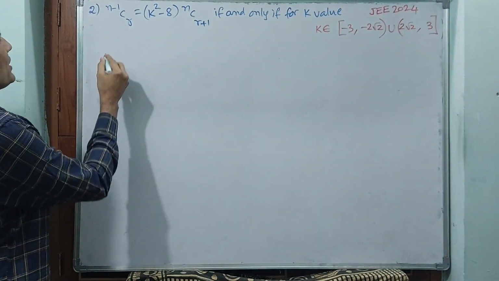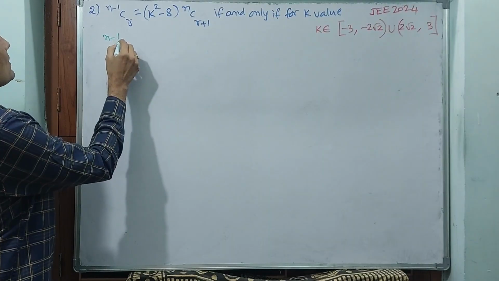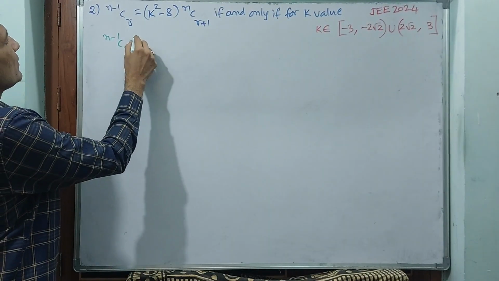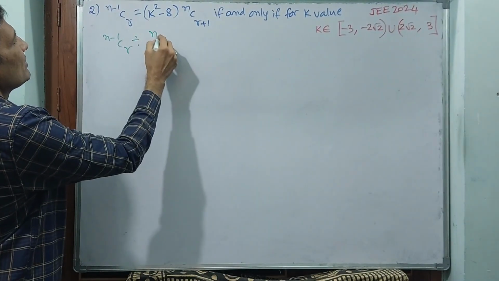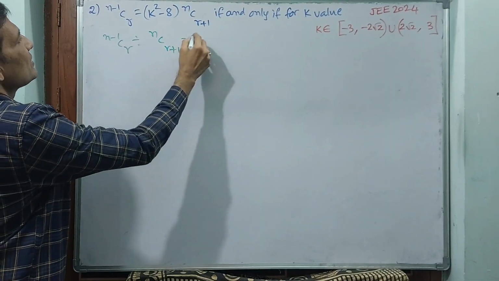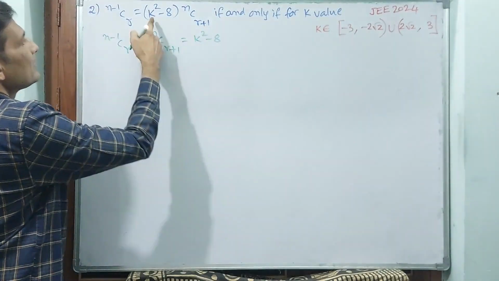Okay, now see, shall I write like this? (n-1)CR divided by nC(r+1) is equal to k square minus 8.